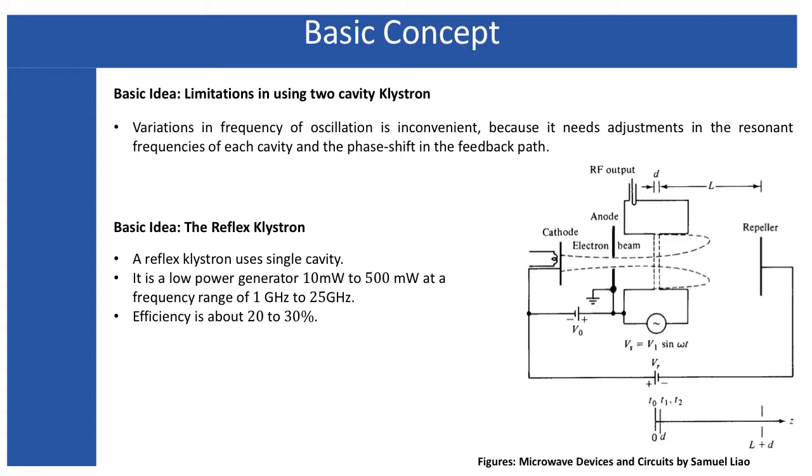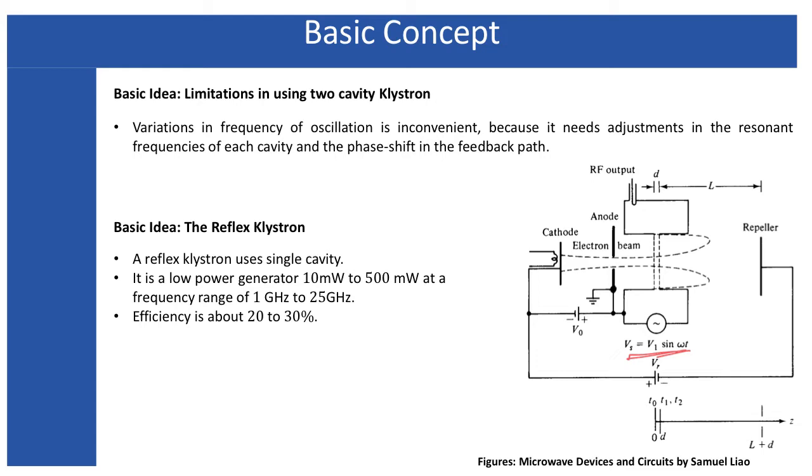The scheme of oscillation using the reflex klystron is shown here. The reflex klystron uses a single cavity. The electron beam is generated from this cathode, enters the cavity gap, and interacts with the cavity gap voltage. This is the cavity gap voltage, and velocity modulation takes place.